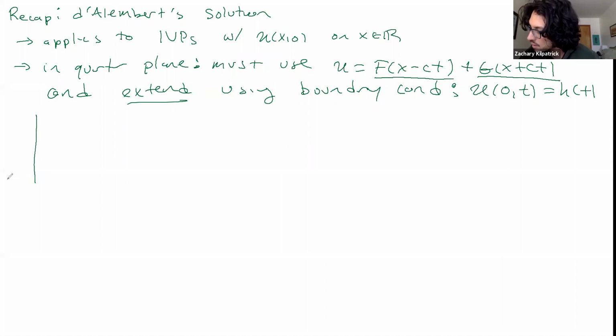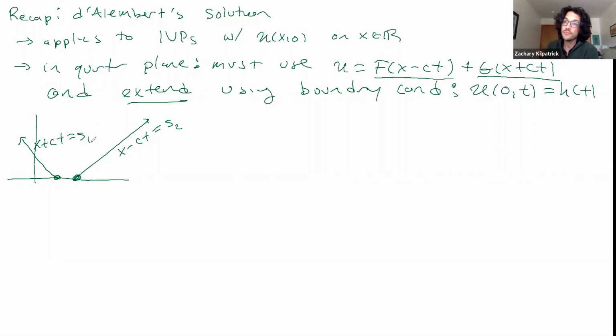So this would be a typical rightward moving characteristic, x minus ct equals s, and this would be a leftward moving characteristic, x plus ct equals some other s. I could call this s2 and s1 or something like that. And that can carry you a long way through solving different forms of initial value problems, as we've seen. So the main way of establishing existence that we've talked about is typically just constructing solutions.